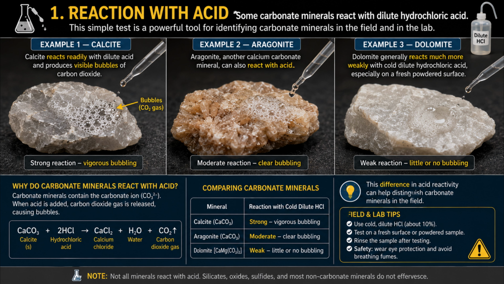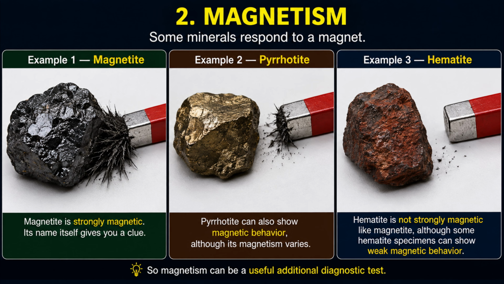For example, calcite reacts readily with dilute acid, or HCl, producing visible bubbles of carbon dioxide. Aragonite, another calcium carbonate mineral, can also react with acids. Dolomite also does. And magnetism: minerals respond to a magnet, either repel or attract.